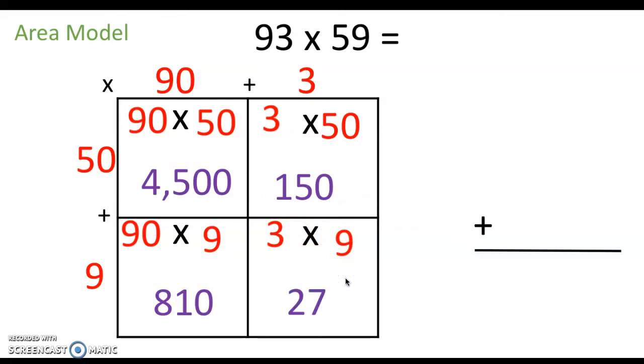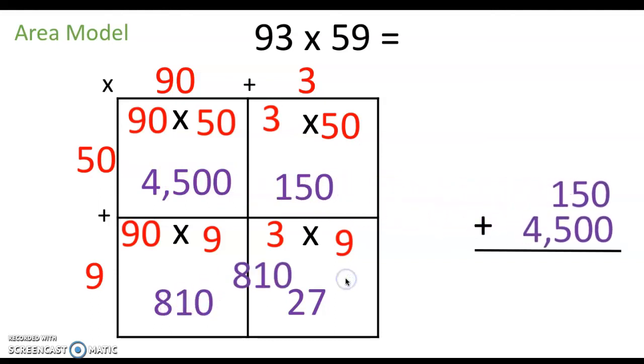Let's get ready to add these numbers up, making sure our place values are lined up and that we can read our own handwriting. Alrighty, now that we have our numbers rewritten to the side, let's go ahead and add them up.